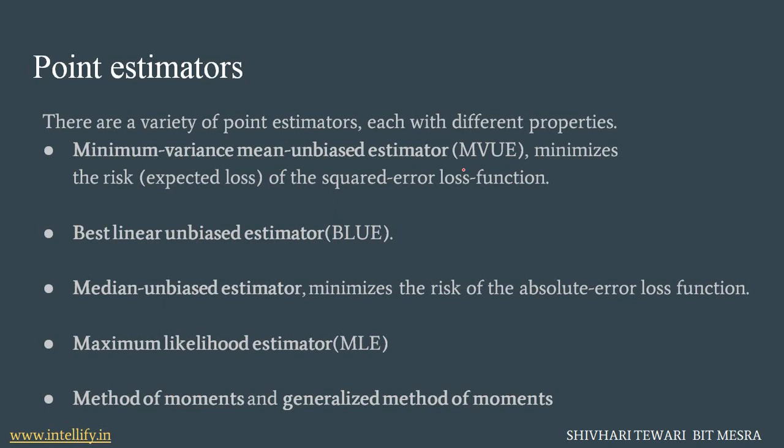Now, what kind of point estimators are used in our point estimation system? There are a variety of point estimators, each with different properties. Number one is the minimum variance mean unbiased estimator, which is used to minimize the risk, or expected loss, of the squared error loss function.